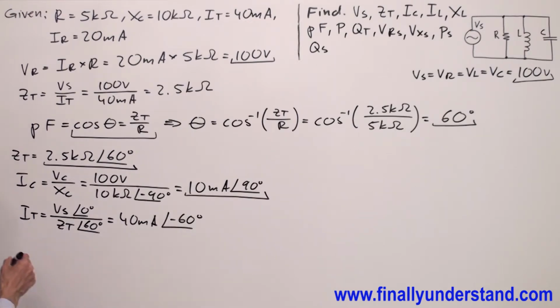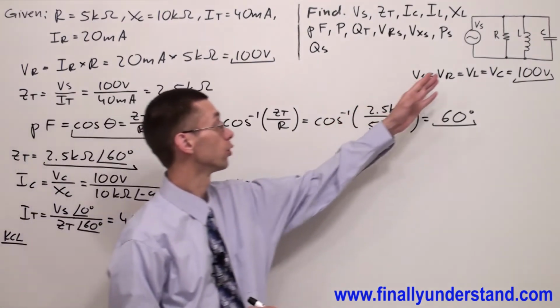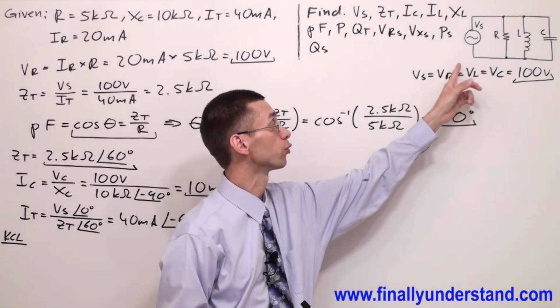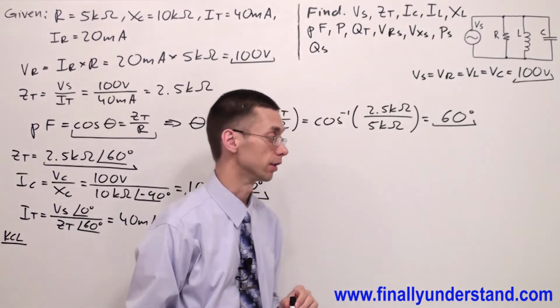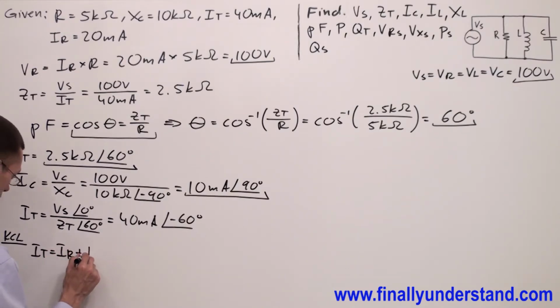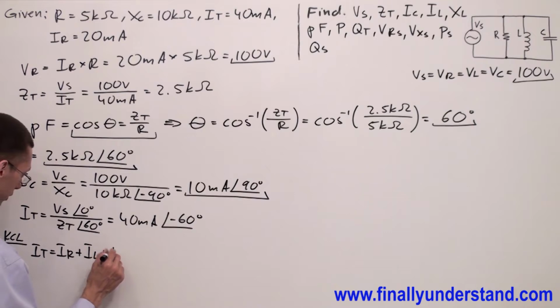Next, we're supposed to use KCL. KCL says that anytime we have a parallel circuit, if you add all the currents, IR, IL, and IC, you're supposed to end up with the total current. So I have I total is equal to IR plus IL plus IC.